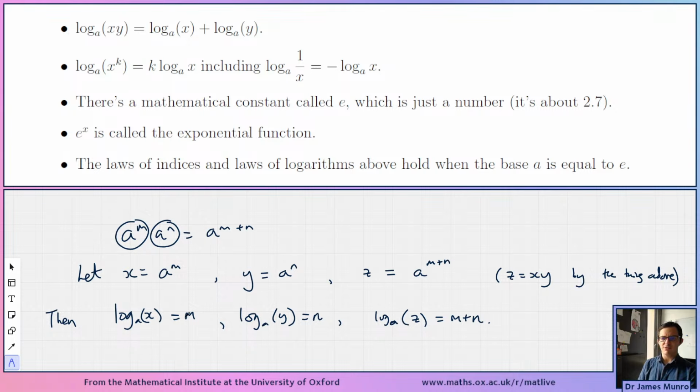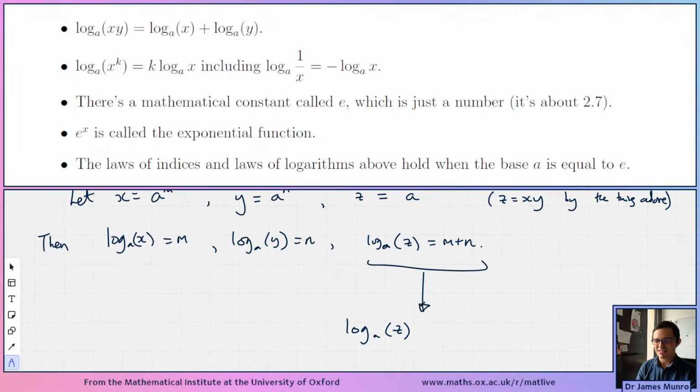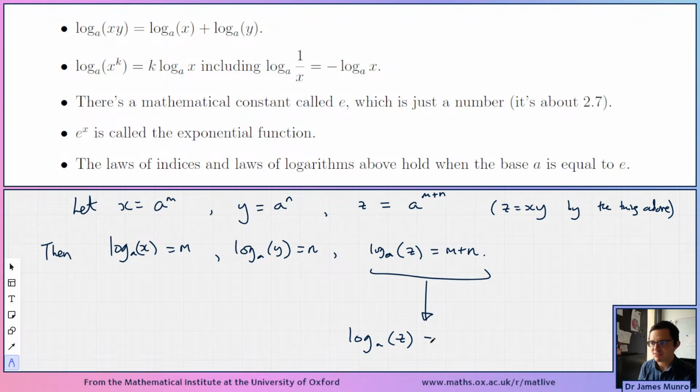This says that m is just code for log base a of x, n is just code for log base a of y, and this last statement is pretty interesting. We can substitute these things in to get log base a of z. Oh, I've gone off the bottom of the screen. Log base a of z is equal to log base a of x plus log base a of y. Last step, remember that z is equal to xy, so this thing over here, maybe I should have written xy. And that's the law of logarithms.